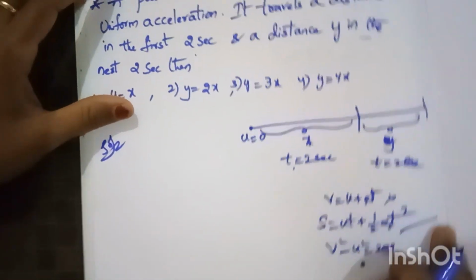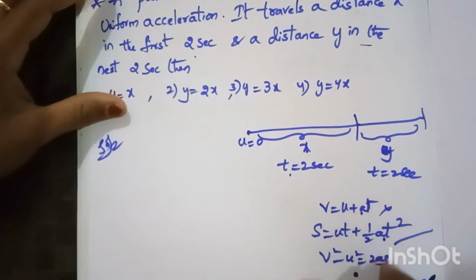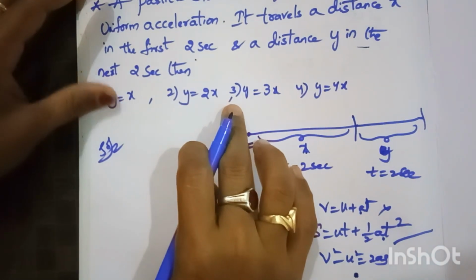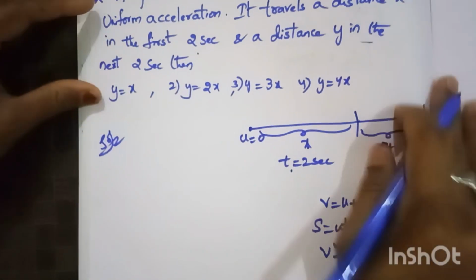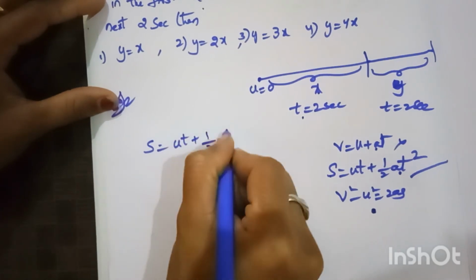When you are solving a problem based on kinematic equations, that is on horizontal motion, first you should write the 3 formulas and decide which is useful to solve the problem very easily to get an answer. So s equals ut plus half at square.